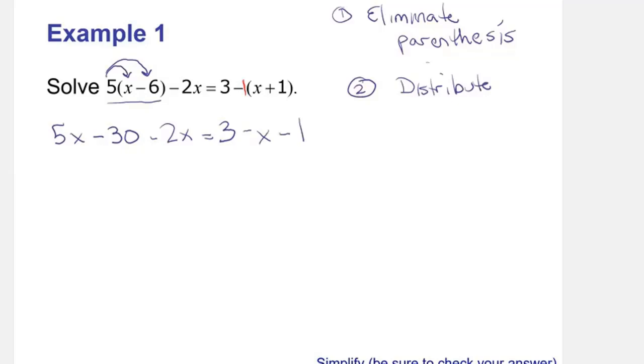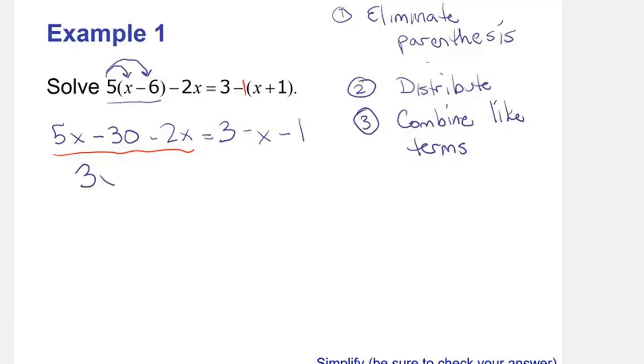Now I've distributed, and the next thing I want to do is combine like terms. I can see here on the left-hand side that I have a 5x minus 2x. 5x minus 2x is positive 3x.